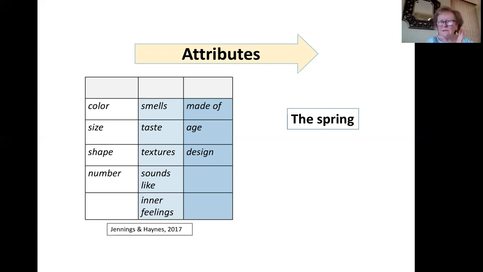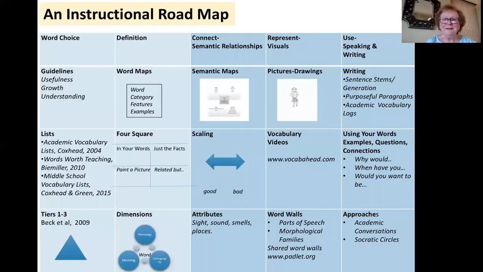Very basic: color, size, shape, number. Then smells, taste, texture, sounds like, and your feelings. Then made of, age, design. And thinking about how that might apply to this description of the spring. This, by the way, is the work of Charlie Haynes and Terrell Jennings, and their wonderful book that has to do with from talking to writing. So we can connect through semantic maps, scaling, attributes.